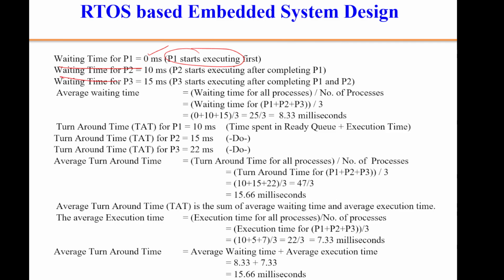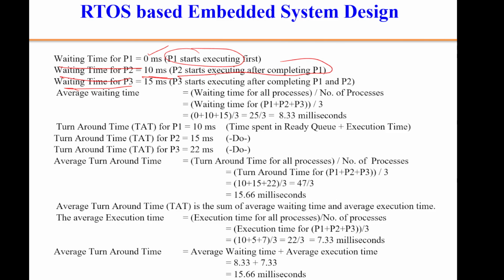Waiting time for P2: even though we are saying that P1, P2, P3 entered together, in the order P1, P2, P3, P2 has to wait until completion of P1, which is 10 milliseconds. And later P3 entered, so waiting time for P3 is 15.